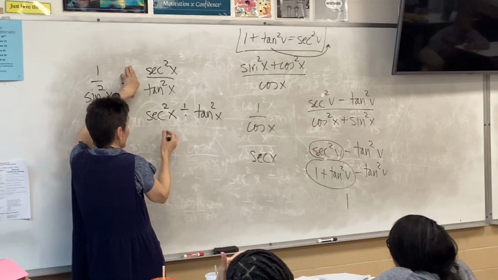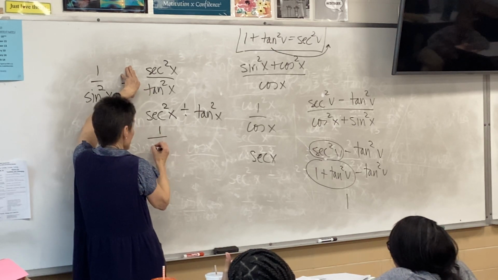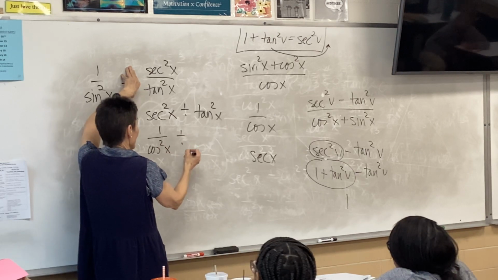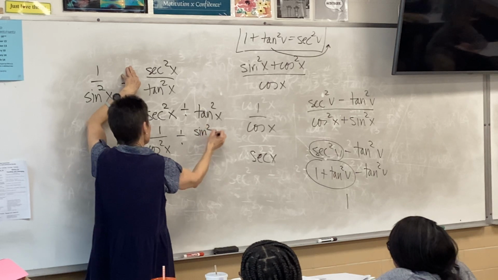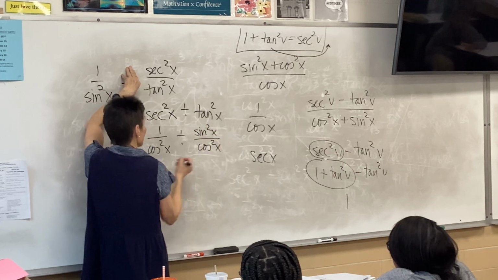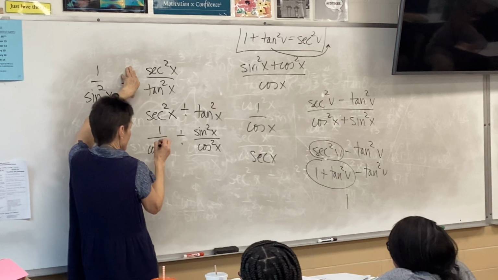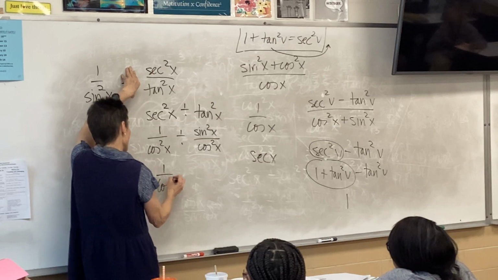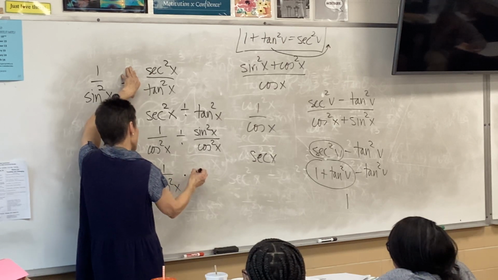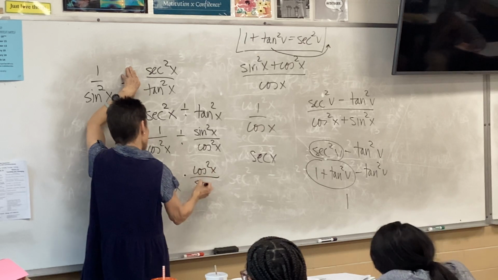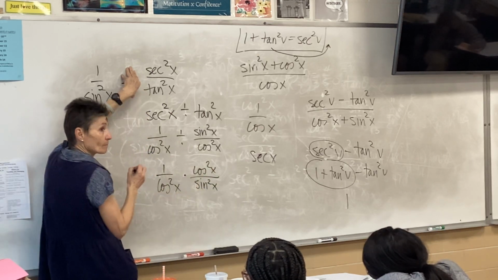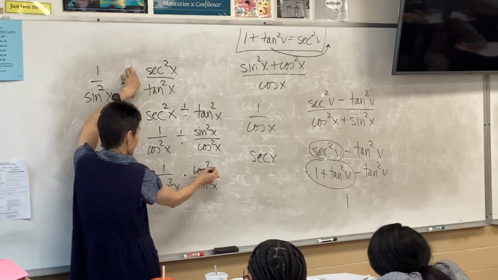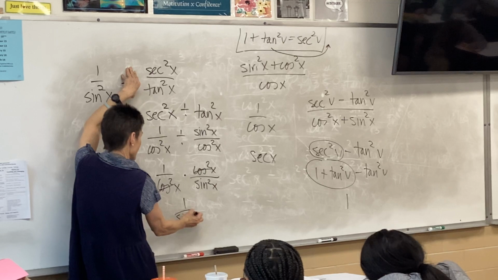And then secant squared is 1 over cosine squared divided by sine squared over cosine squared, which is a fraction divided by a fraction. So 1 over cosine squared times cosine squared over sine squared. So those cancel. So does this just boil down to 1 over sine squared?